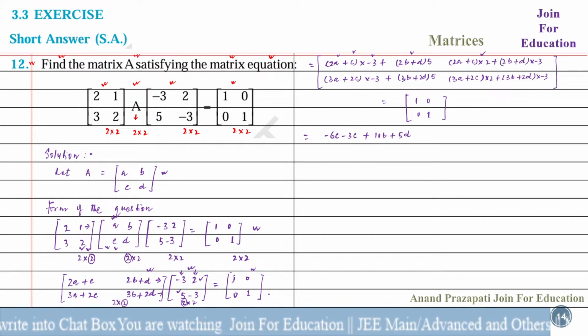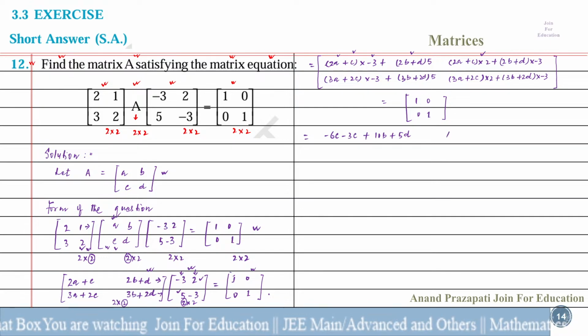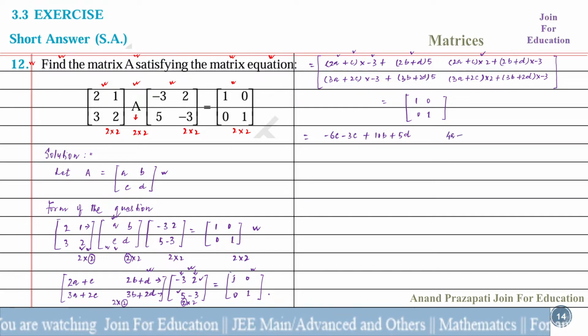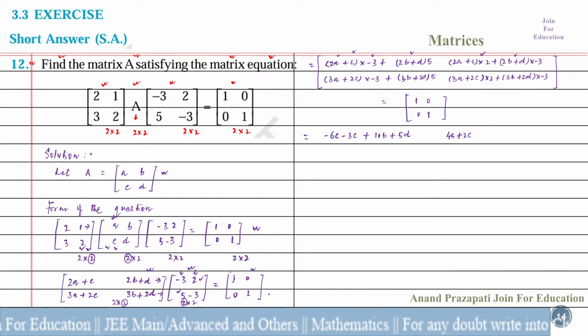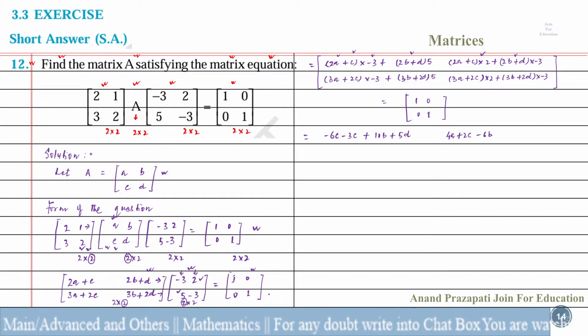Similarly, this one will be 4a plus 2c, and here will be minus 6b and minus 3d.